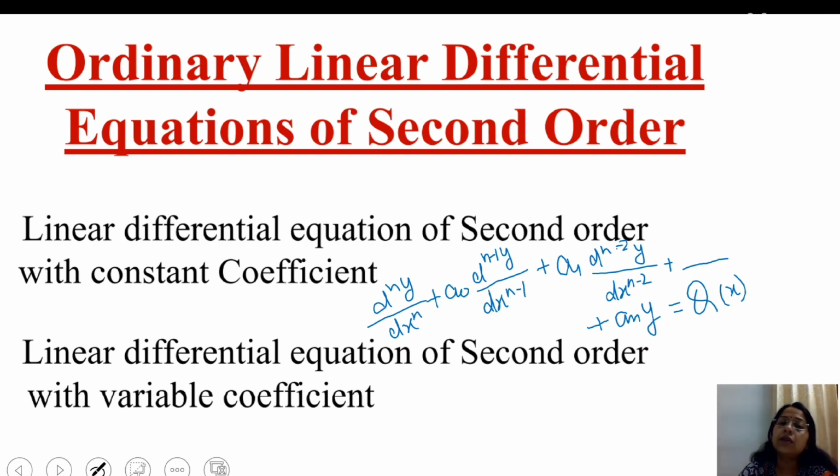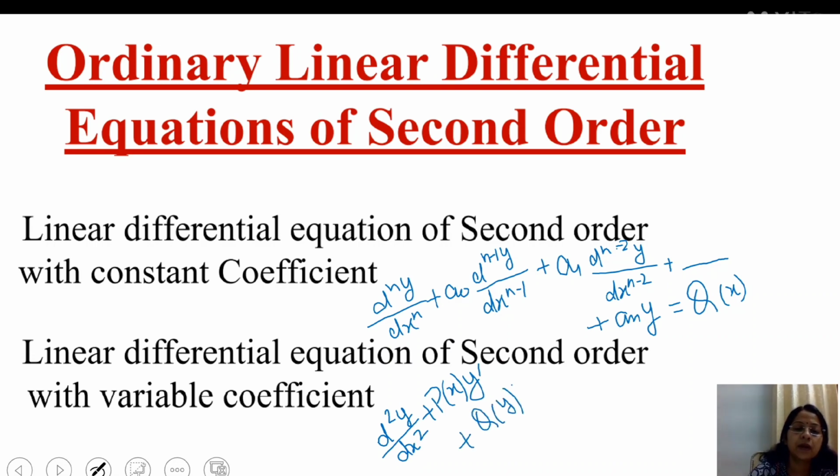If I am having this n as 2 at the max, then I am going to have a standard form of an ordinary linear differential equation of second order as d2y over dx2 plus p(x) y dash, meaning dy by dx, plus q(x) into y is equal to r(x), where p, q, r are functions of x only, and here the maximum order differential coefficient is d2y over dx2.